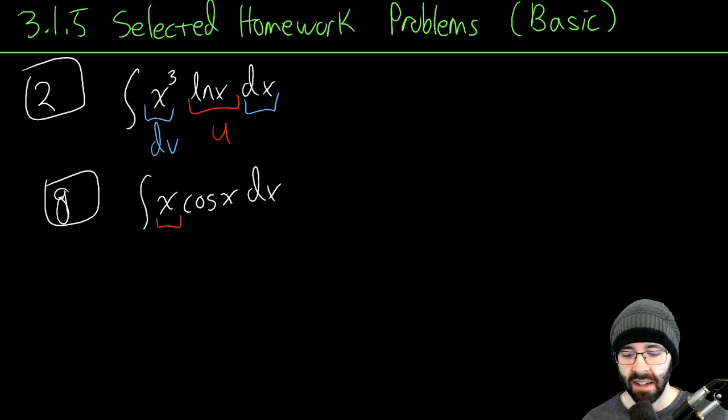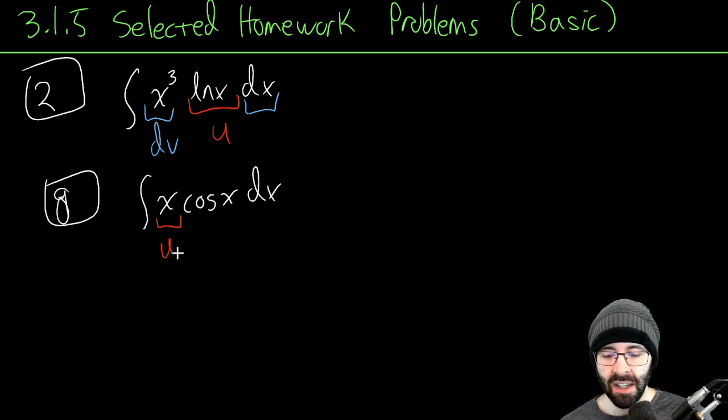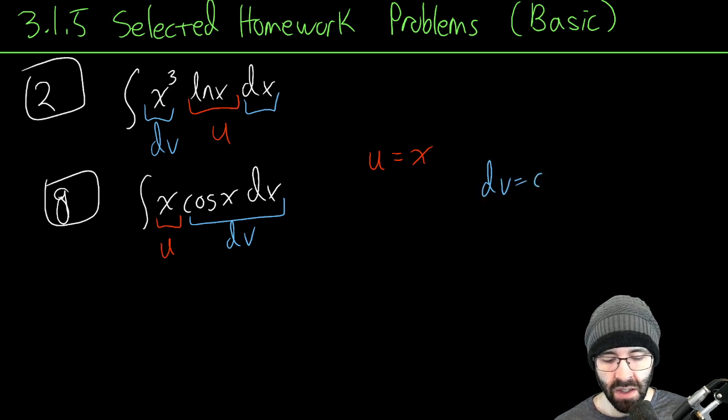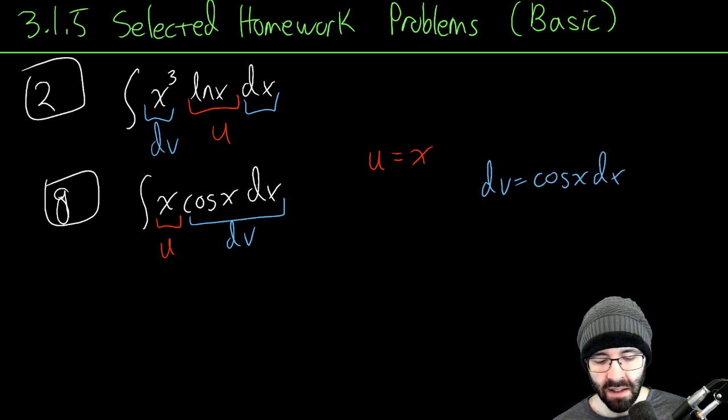Either one of these is easy to differentiate. But if we differentiate the x, it goes away. So that's even nicer. That's what we're going to prefer here. And if we do that, we let u be x, dv be cosine of x dx. The antiderivative of cosine is sine, and the derivative of x is just 1.